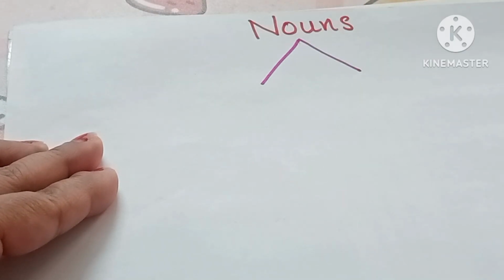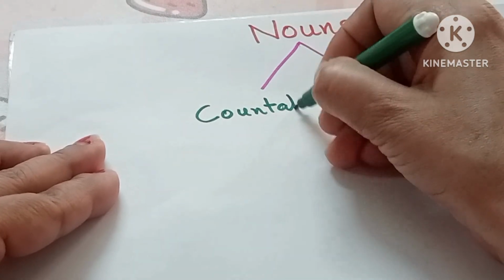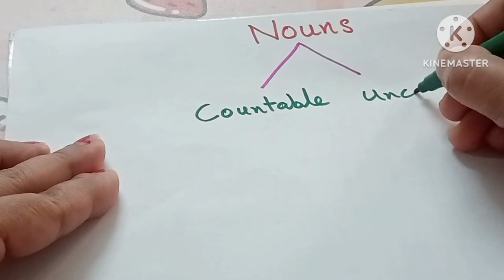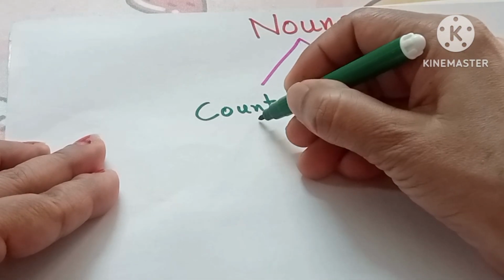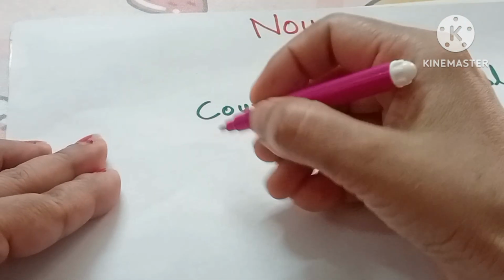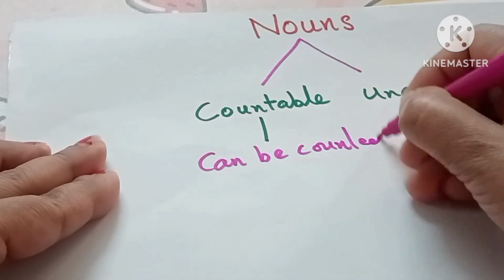So, nouns can be categorized into countable and uncountable. Countable nouns are those that can be counted.